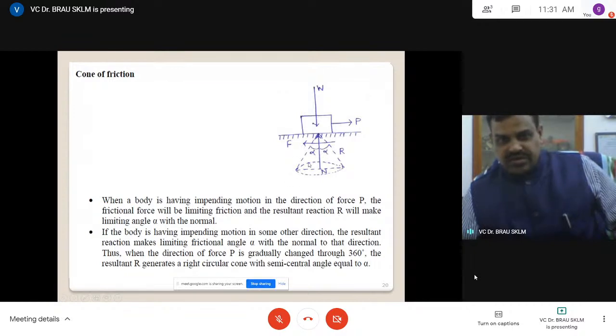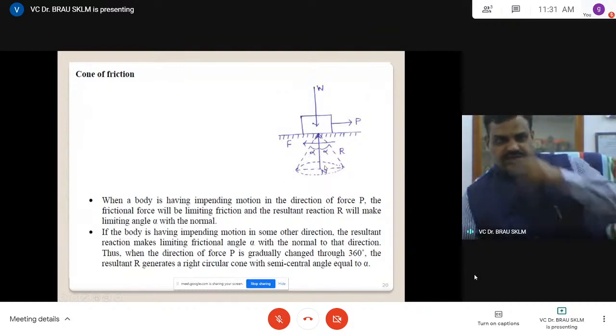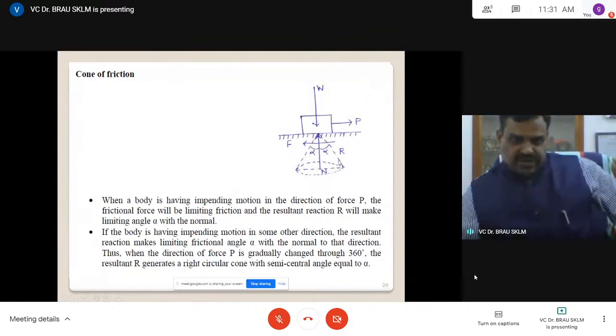When the body is having impending motion in the direction of the force, the frictional force will be the limiting friction, and the resultant reaction R will make an angle of alpha. If you make a 360 degree rotation, the resultant R generates a right circular cone with semi-central angle equal to alpha.